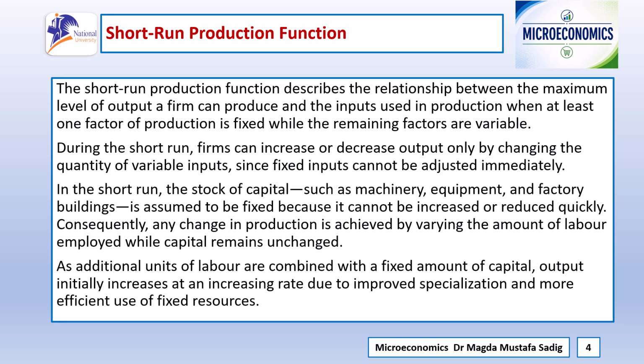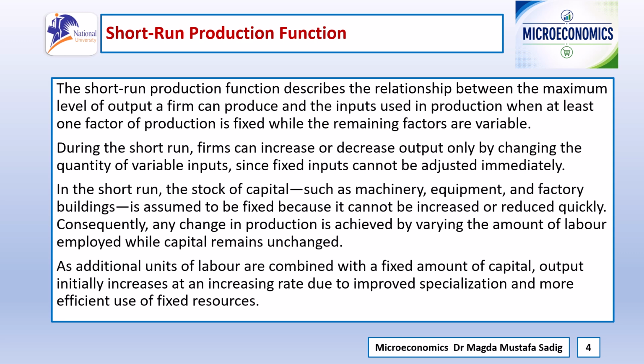Usually capital, such as machinery, buildings, or land, cannot be changed immediately during one year of production. However, labor can usually be increased or reduced more easily in the short run. Therefore, in the short run, capital is kept constant or is fixed, while labor is a variable factor.